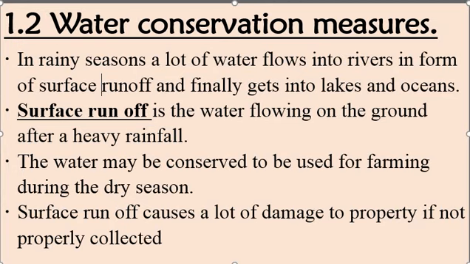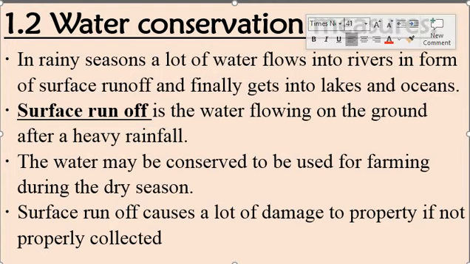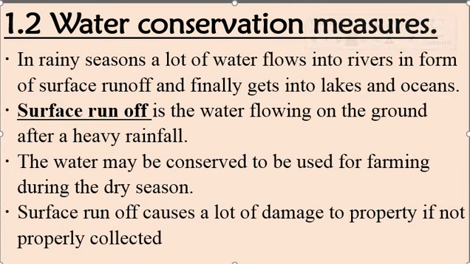But before I give the exact meaning, I would like us to go through the introductory part, which is telling us that during the rain season we have a lot of water which flows into rivers and other water bodies like lakes, streams, in the form of what we call surface runoff, and this water moves into lakes and oceans.